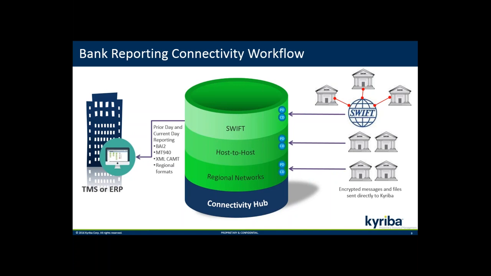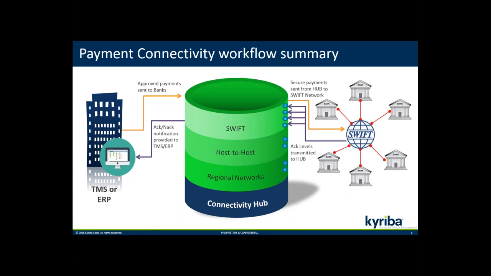Now, when we talk about payments, a little bit different. There's a few more arrows. It complicates the diagram a little bit for the simple reason that we are sending information from whatever our treasury system might be, and we're sending those to the bank via those same types of communication protocols. So Swift, again, great way to send payments to the bank.